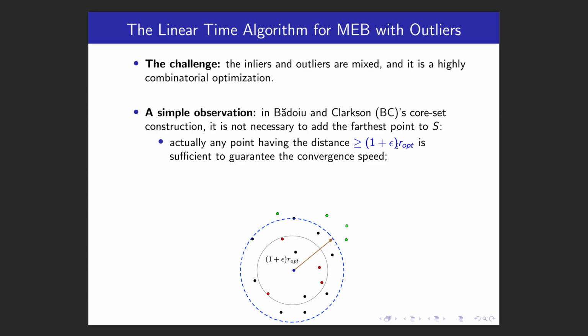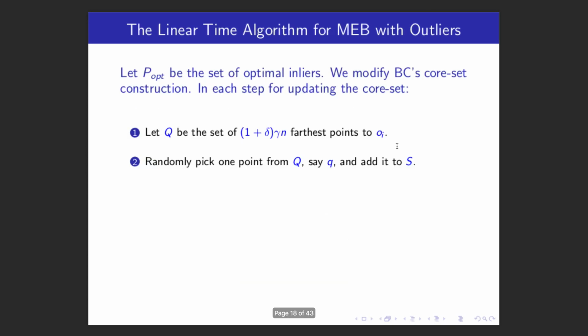That should be sufficient to guarantee the convergence speed. Otherwise, if no such point exists, that means a 1 plus epsilon approximation is already obtained. Okay, so based on this simple observation, we can introduce our linear time algorithm for MEB with outliers.